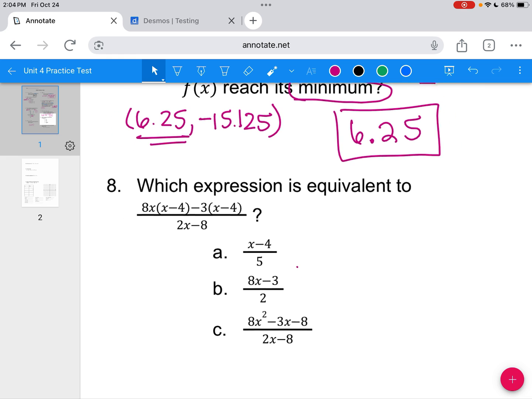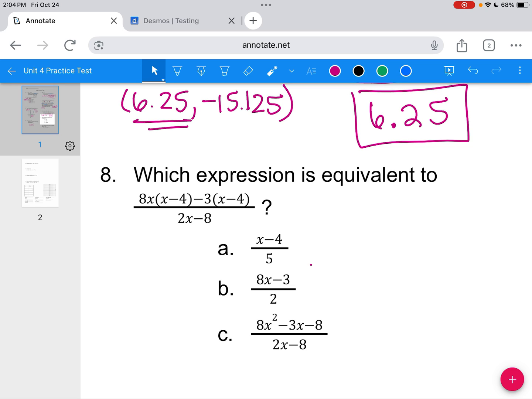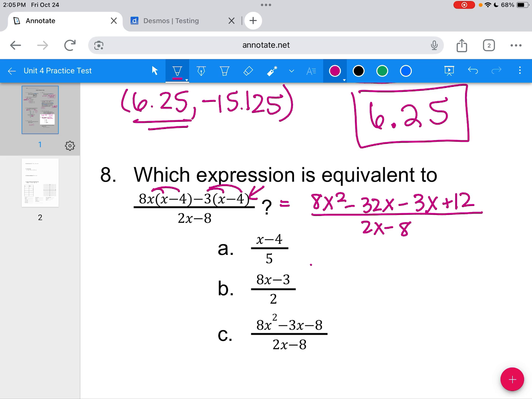Okay, number 8, I am going to factor, but first I need to get this into standard form. So I'm going to distribute the 8x and the negative 3. For the numerator, we're going to get 8x squared minus 32x minus 3x plus 12 over 2x minus 8.